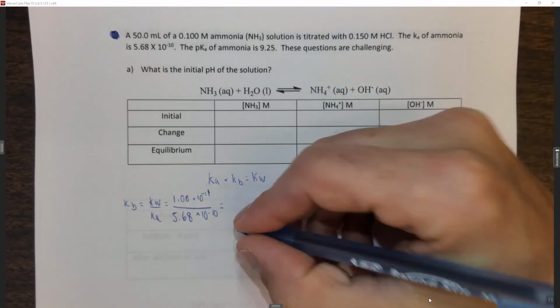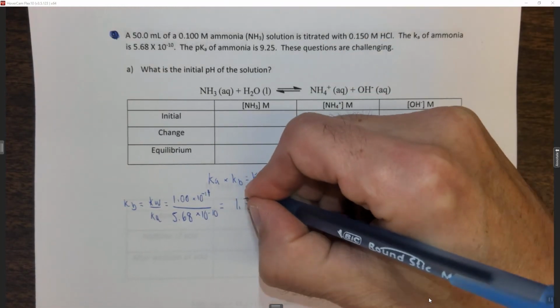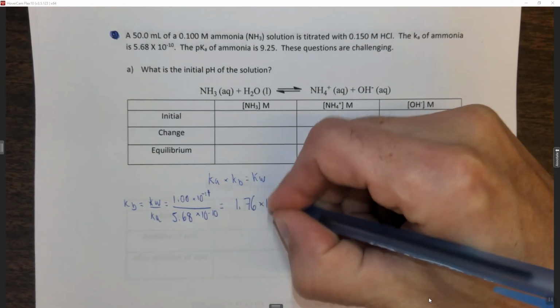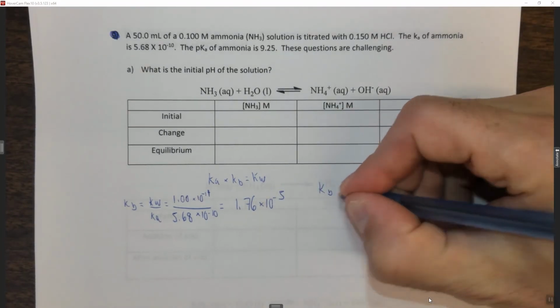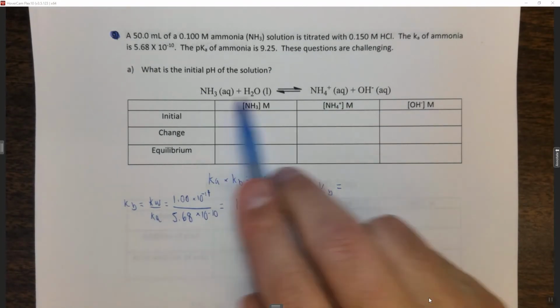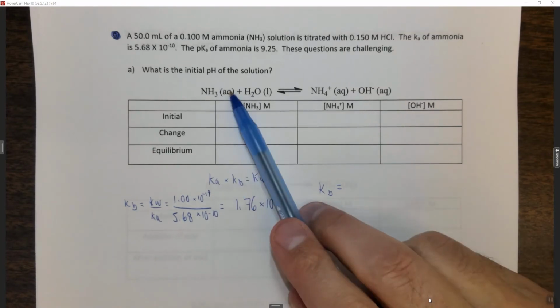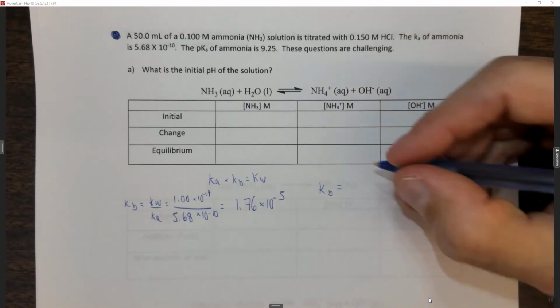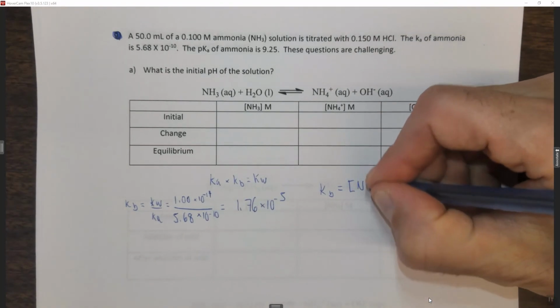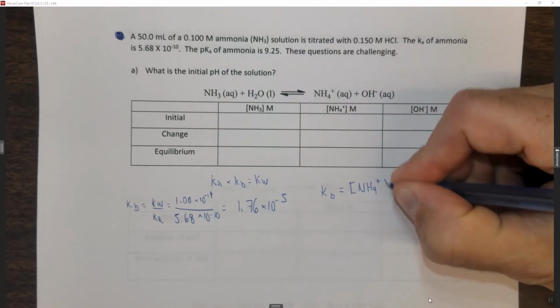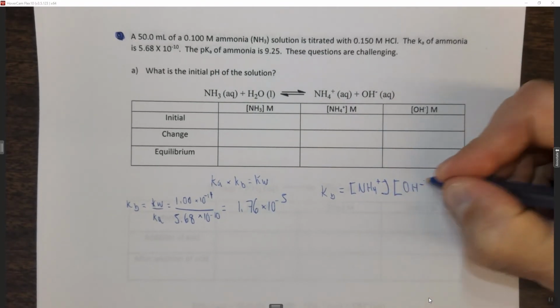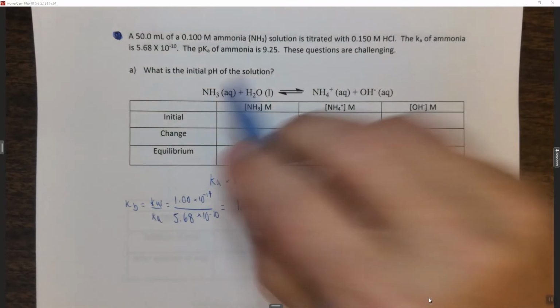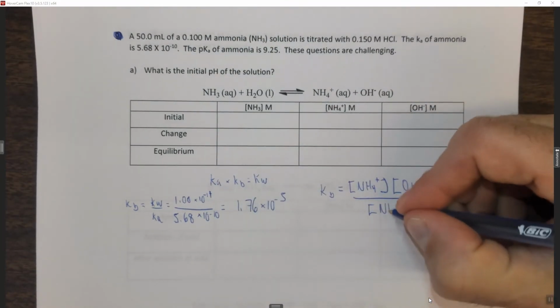And when you do that math, you find that it's 1.76 times 10 to the minus 5. Remember that the Kb is equal to, if we have ammonia reacting with water, because at this point we only have ammonia in solution, the concentration of NH4 plus times the concentration of OH minus, because it reacts with water, over the concentration of NH3.